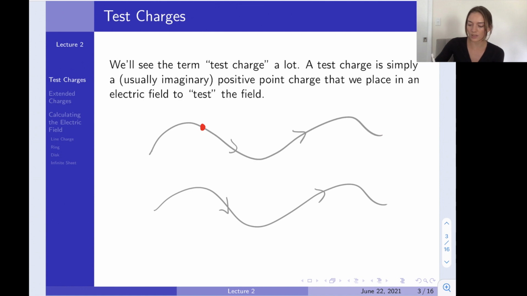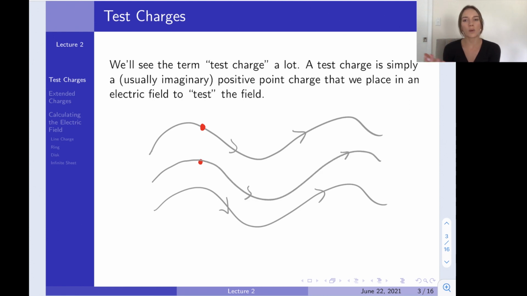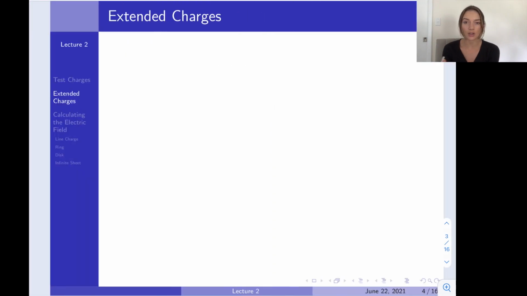Or if you put the test charge right there, it would follow the field line that goes through that point. So test charges are just a way to test what the electric field is like in a region, what the electric field lines look like, since a positive charge will move along those electric field lines.